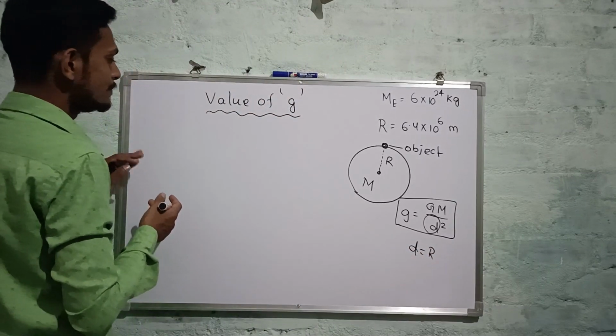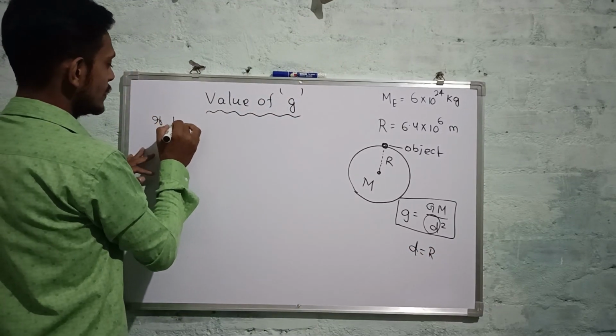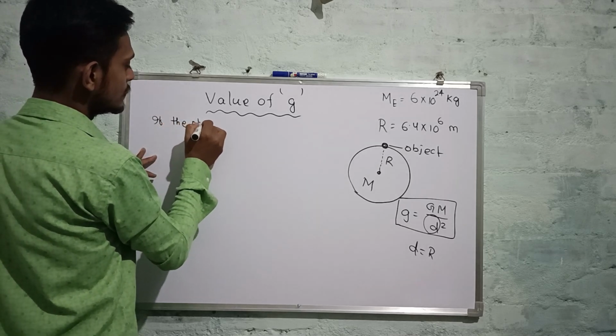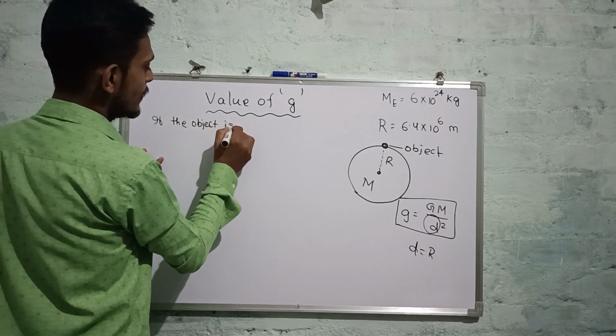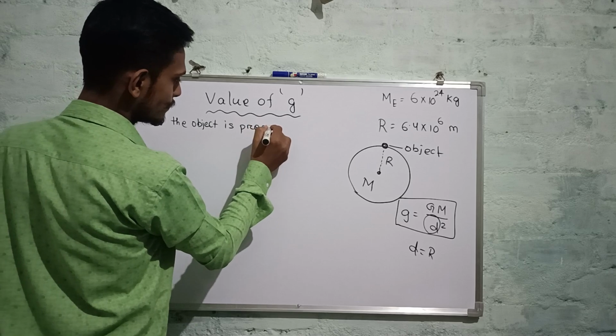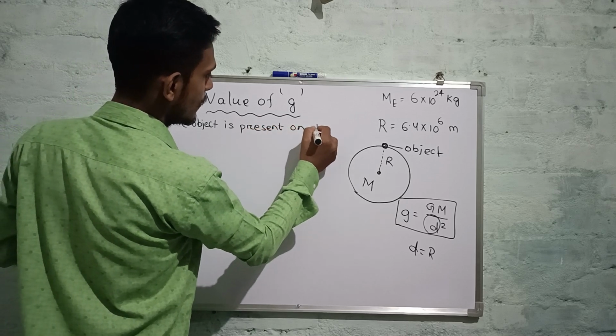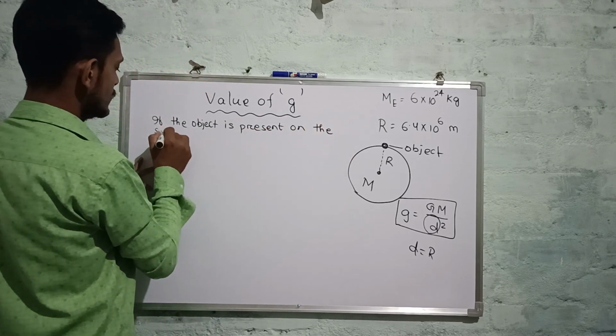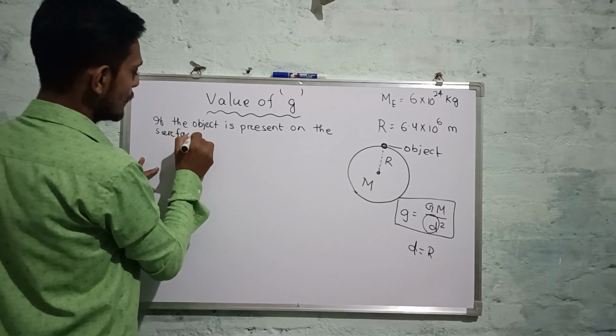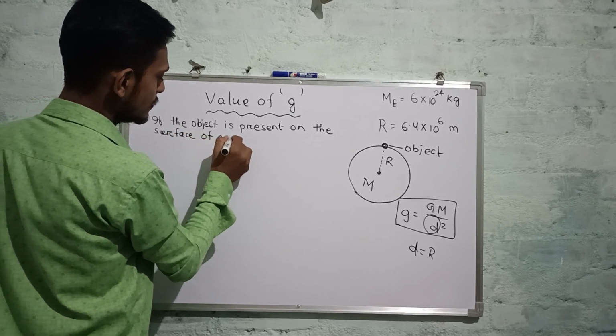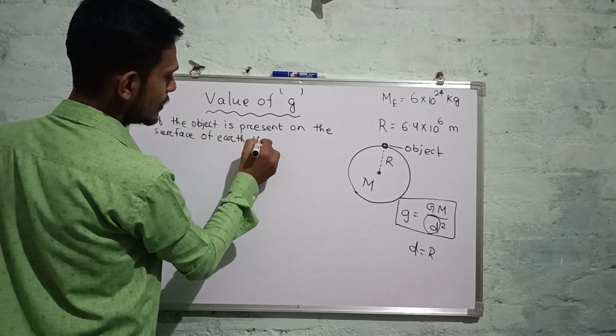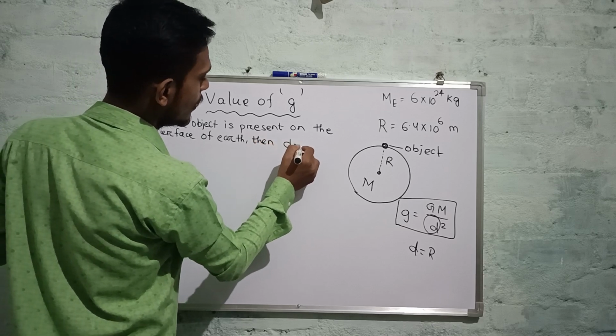So if the object is present on the surface of earth, then d equal to r.